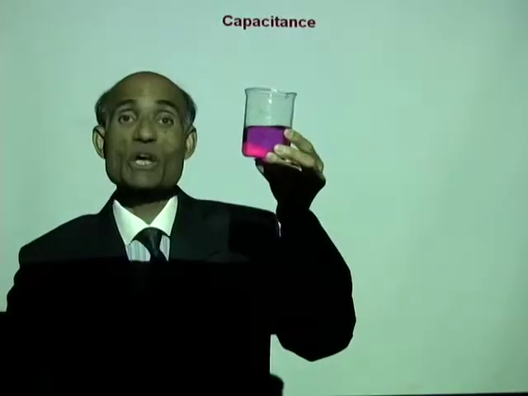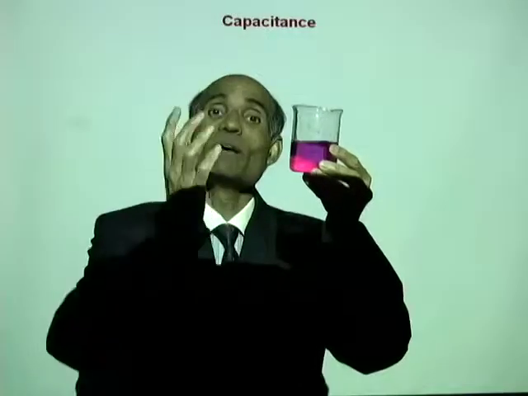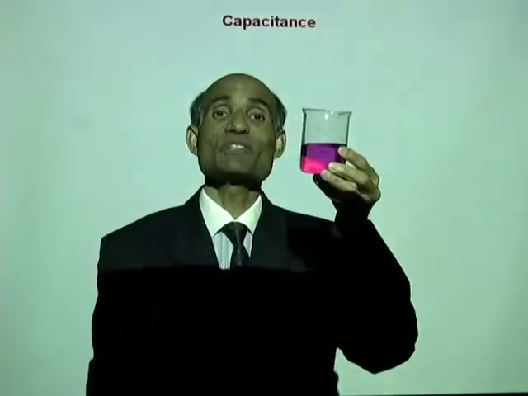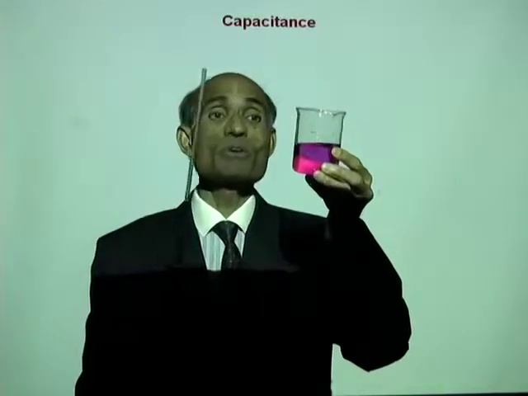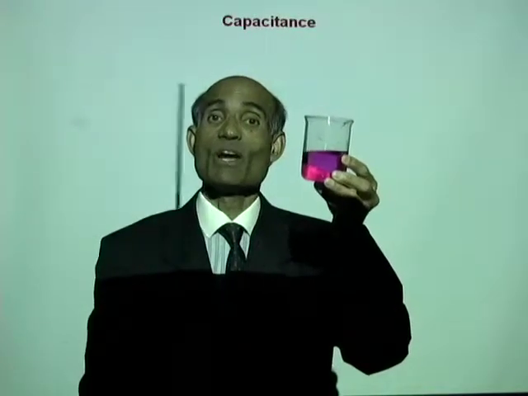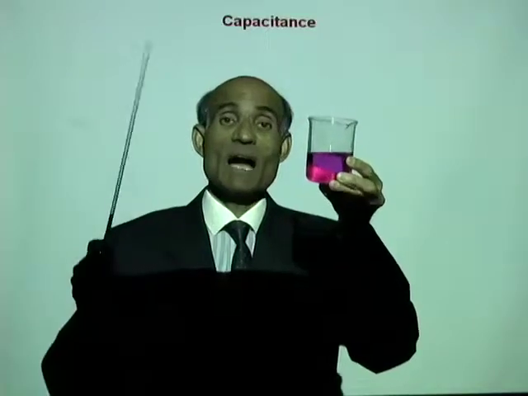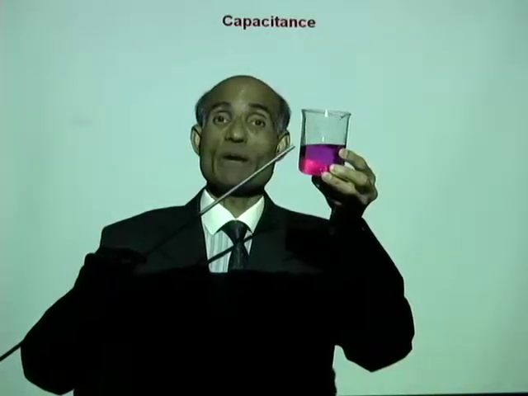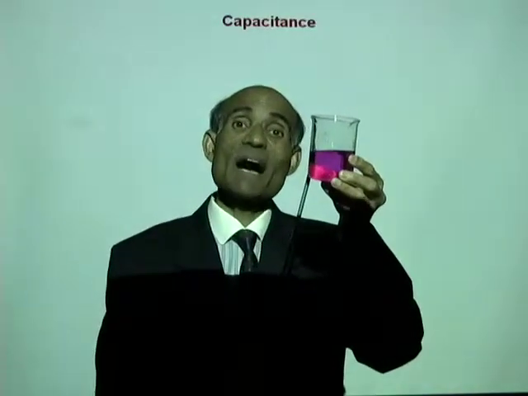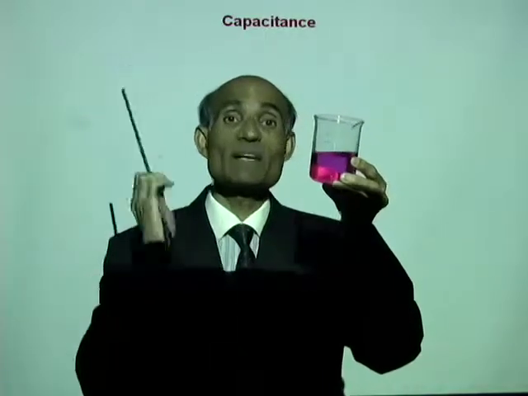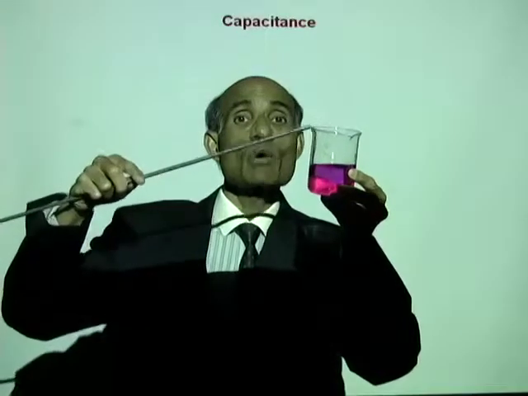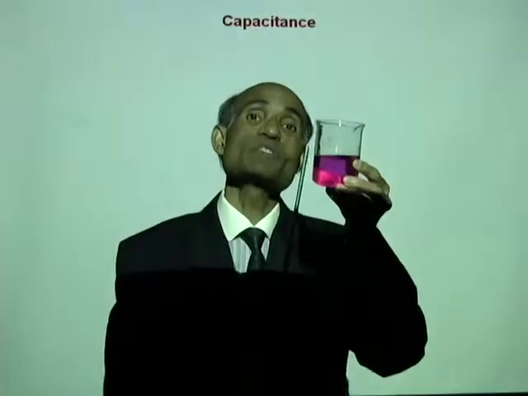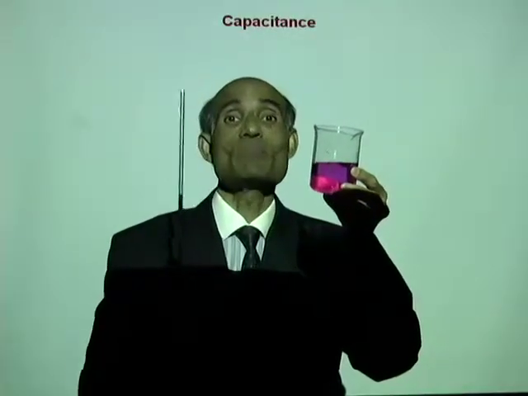As I keep on pouring the liquid, the height of the liquid inside the container increases. So, I'm going to define capacity of this container as the amount of liquid that will raise the height of liquid in the container by 1 meter.